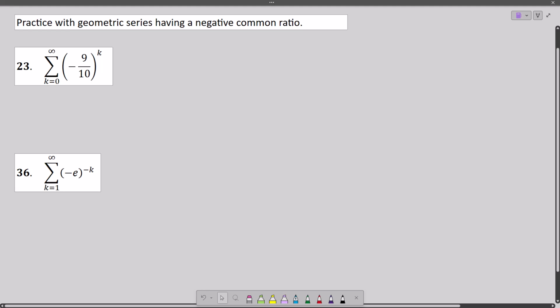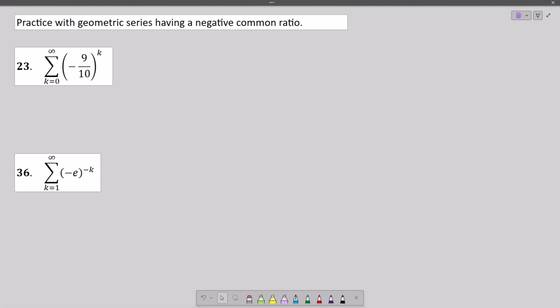All right, so you all try the first one, 23. So that's an infinite series. Notice that the common ratio is negative. That shouldn't matter though.